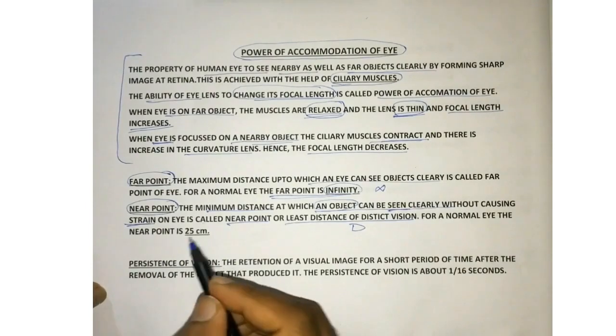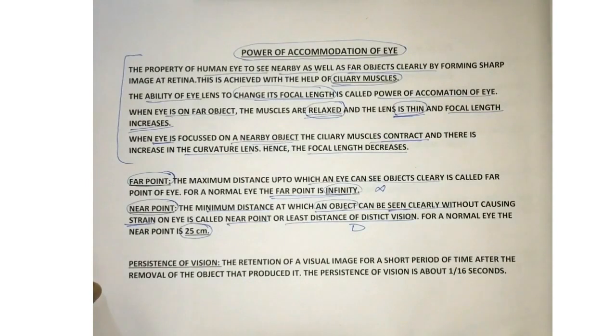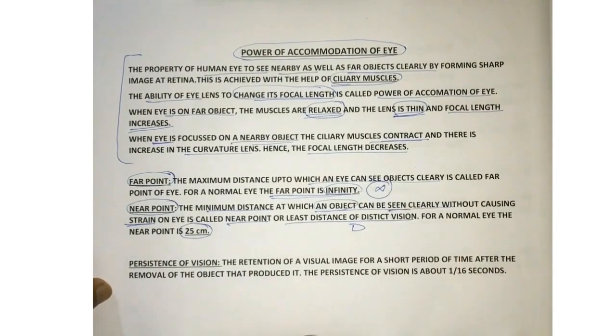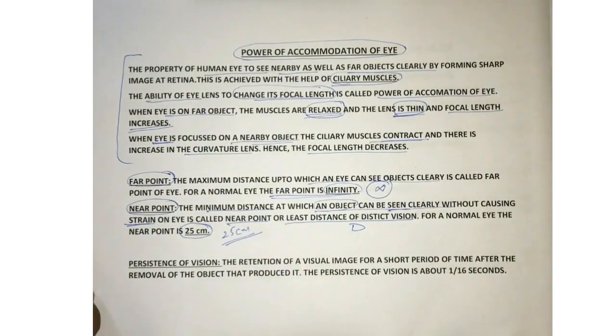For a normal eye, this near point is 25 centimeter. The far point of a normal eye is infinity and the near point is 25 centimeter.